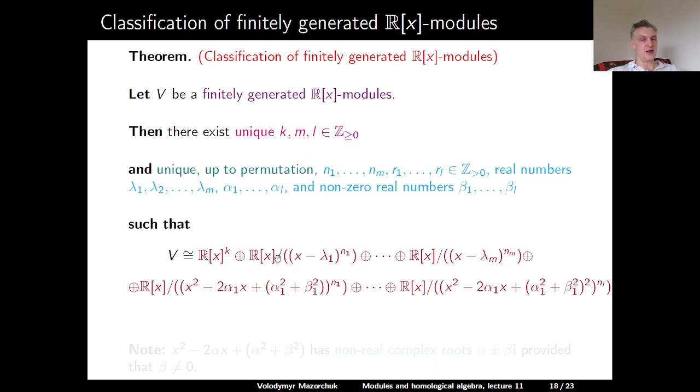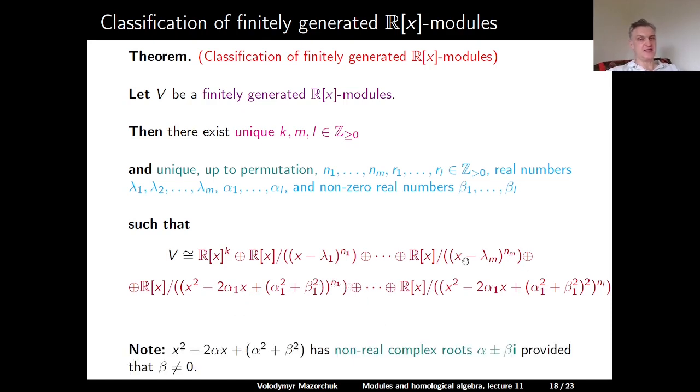and then we have m different summands of the form R[x] divided by the ideal generated by (x minus lambda i) to the power ni. And then we have l direct summands of the form R[x] divided by the ideal generated by (x squared minus 2 alpha i x plus alpha i squared plus beta i squared) to the power ri.